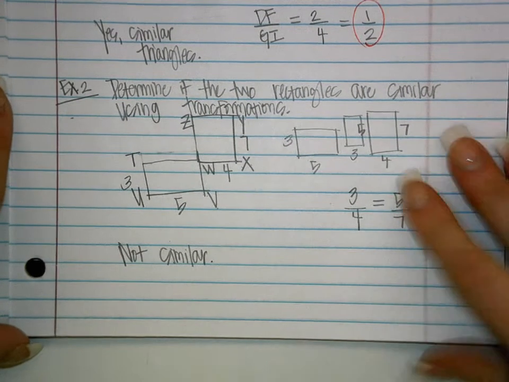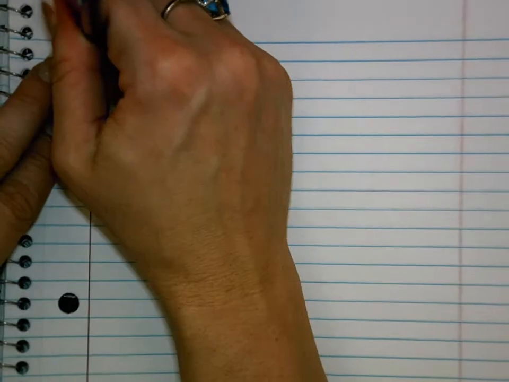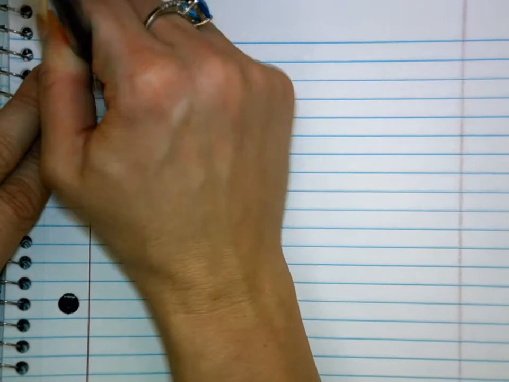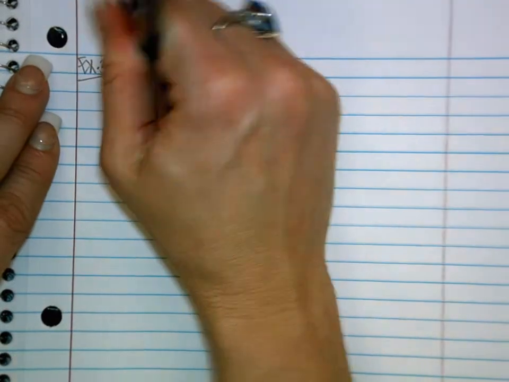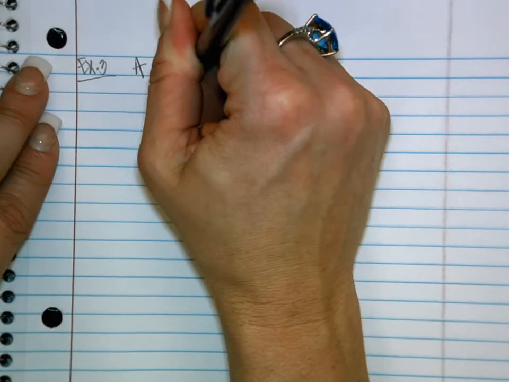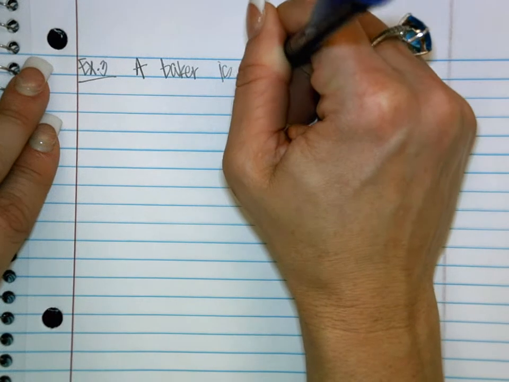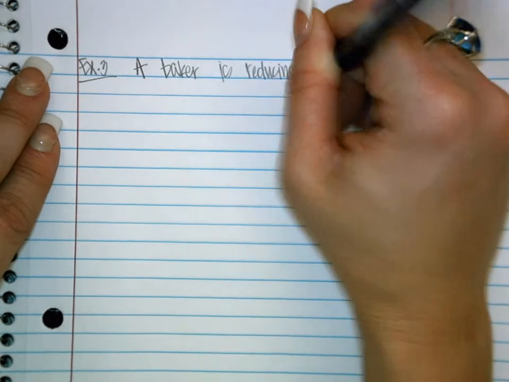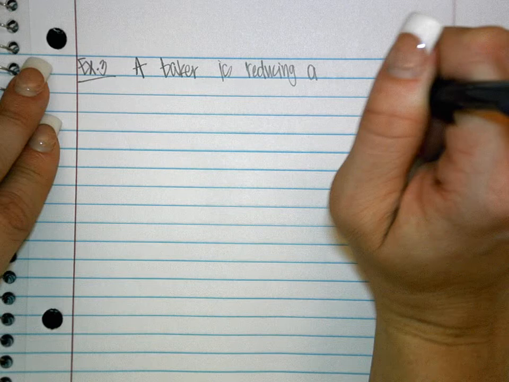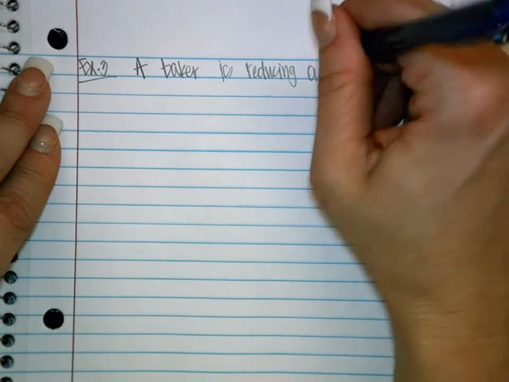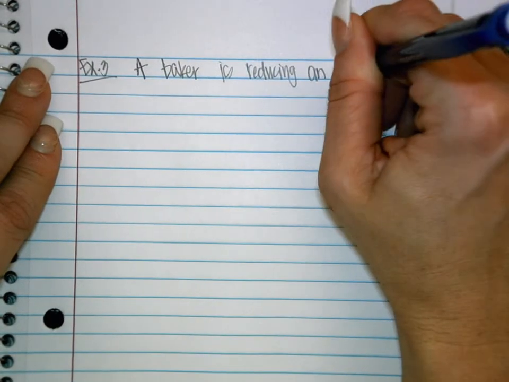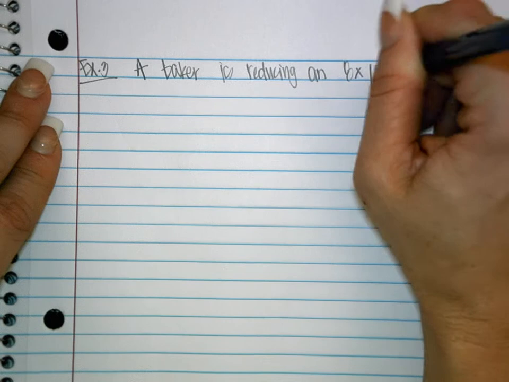Okay, for number 3, you're going to have to do a little bit of writing. If I tell you a baker, like a cake baker, is reducing an 8 by 10 inch photo.